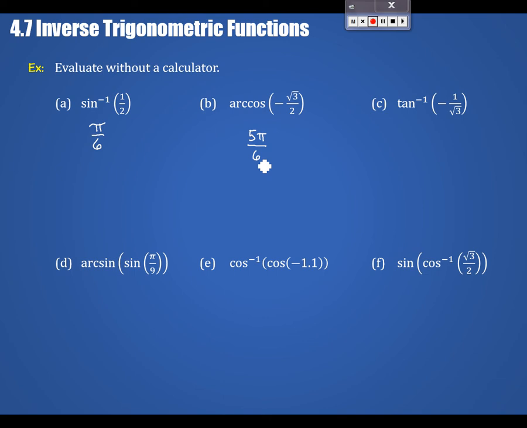How about tan inverse of negative 1 over root 3? Again, keep in mind the range we agreed on for tan inverse. What do you think, Lisa? You could point to this place on the last graph we drew, right? Negative 1 over root 3. Anyone?